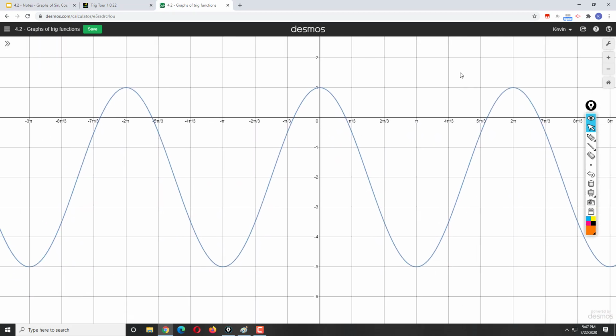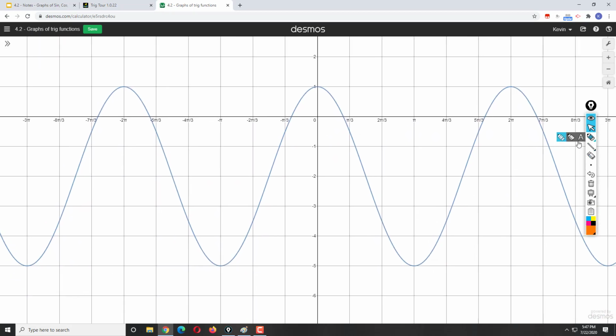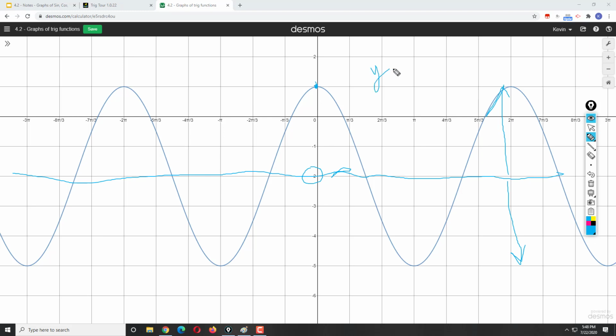This one. Okay. I'm going to use blue for this one. The middle is negative 2. We know it's the middle because we can go up and down by the same amount. This starts out at its maximum, so we can describe it as a cosine function.